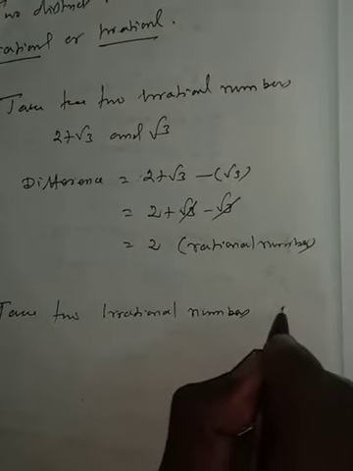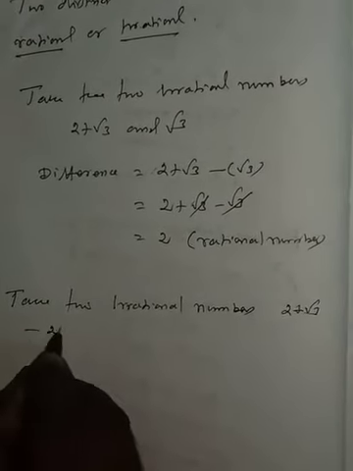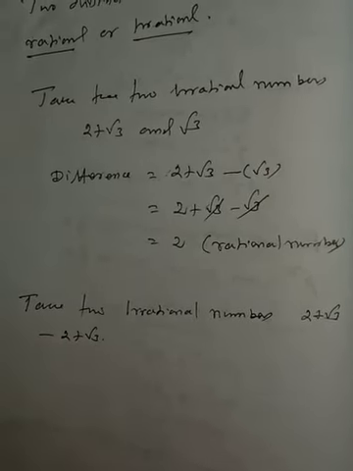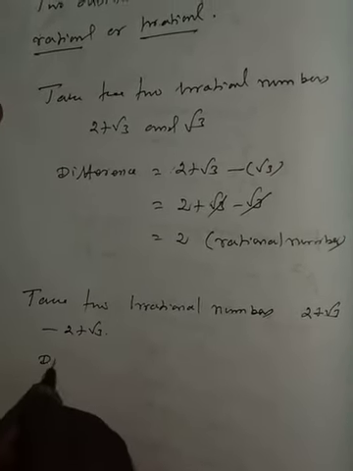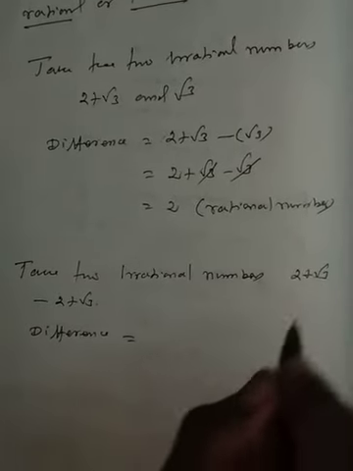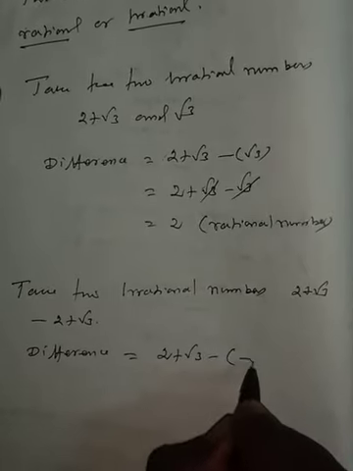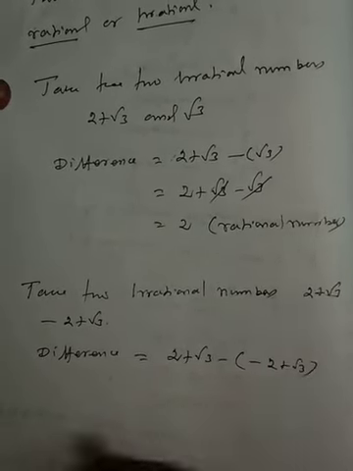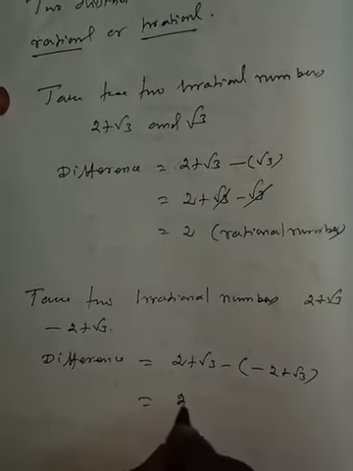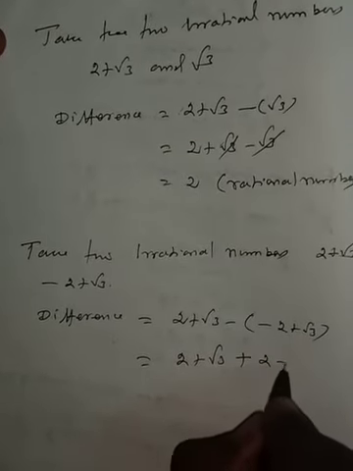Plus root 3, comma, minus 2 plus root 3. The difference is equal to 2 plus root 3 minus of minus 2 plus root 3, which is 2 plus root 3 plus 2 minus root 3.